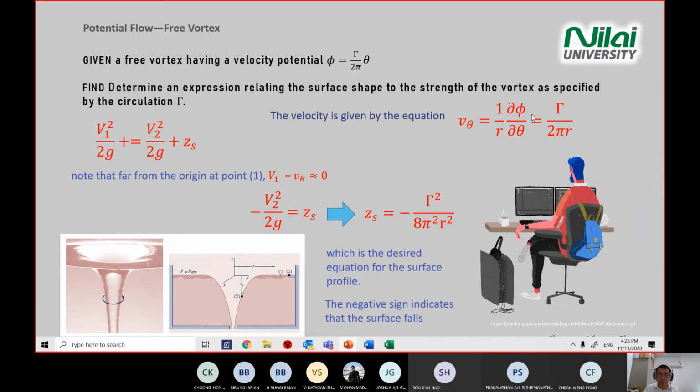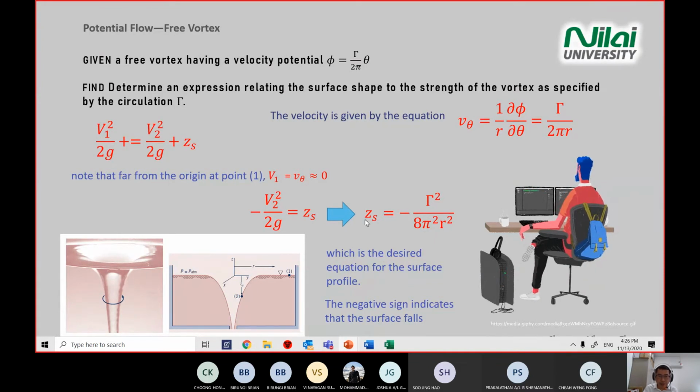If you substitute the velocity equation inside here and square it, you get zs equal to negative circulation squared divided by 8 pi squared r squared, which gives you the equation for the surface profile.